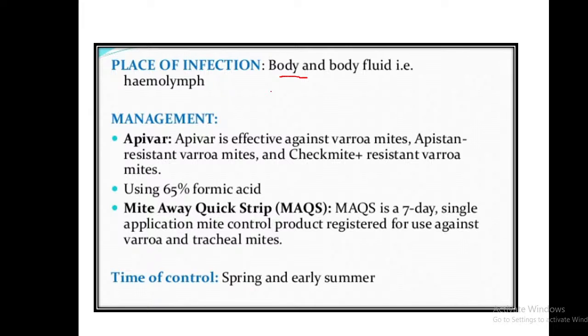Now, how can you manage or control this? So, the control of varroa destructor is very difficult. Usually, the first step or the most economic thing people do is they burn the hives.